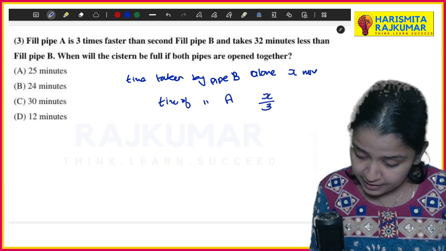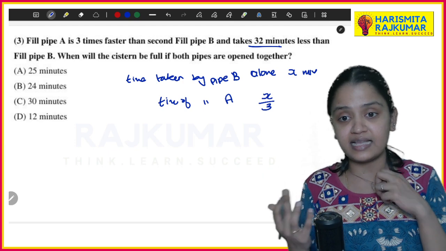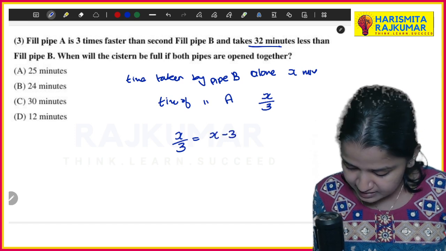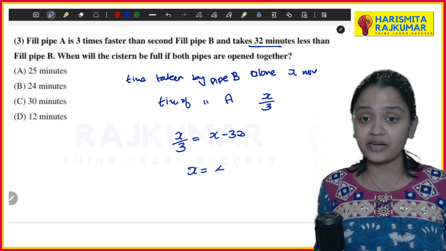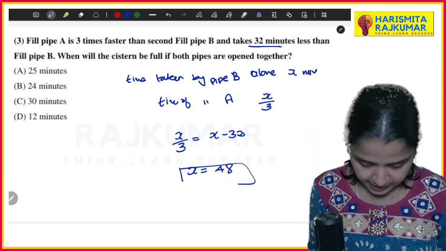Now it is given that pipe A's time is 32 minutes less than pipe B. When I solve this equation for X, I get X equal to 48.